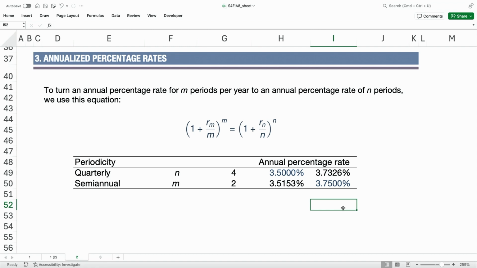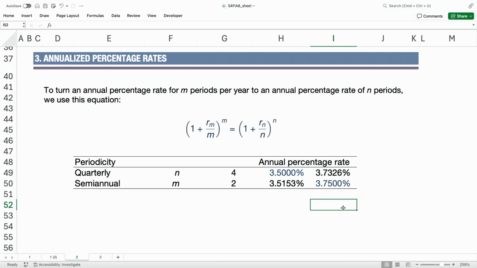Effective annual rates have a periodicity of 1. We have another tool to do this, and that is to convert an annualized yield from one periodicity to another using a periodicity conversion. To show this, let's have a look at the general formula to turn an annual percentage rate for m periods per year to an annual percentage rate of n periods using this equation.